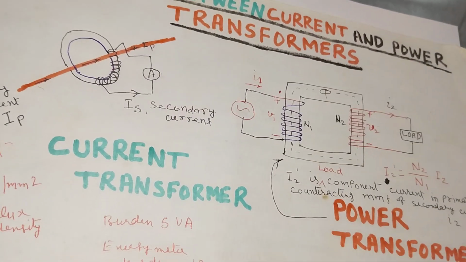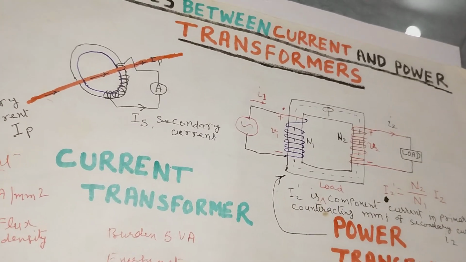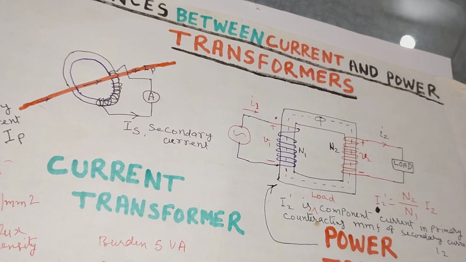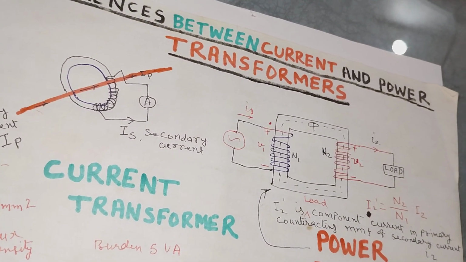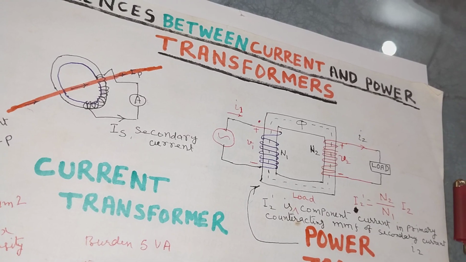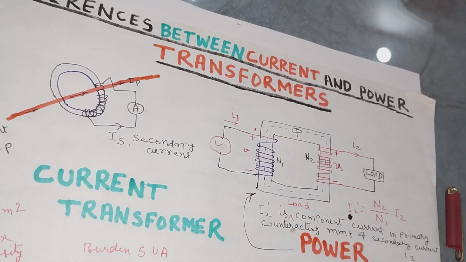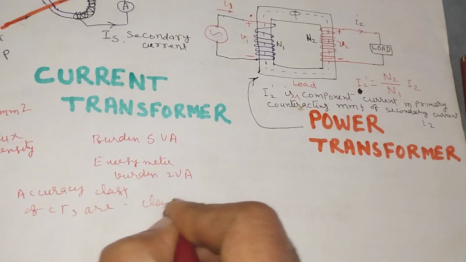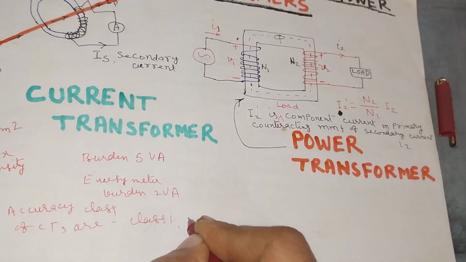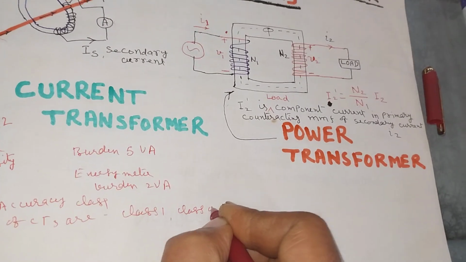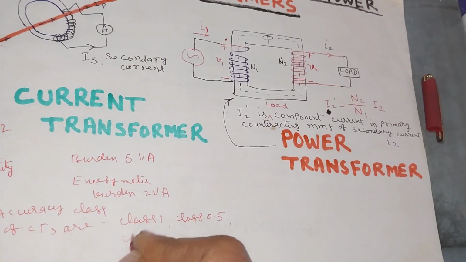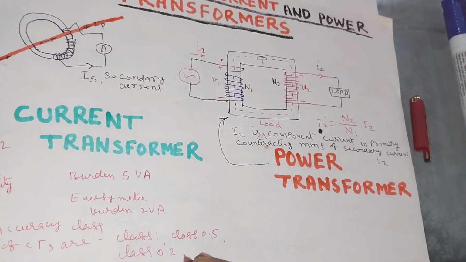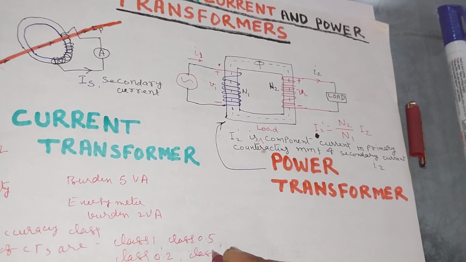Also, accuracy of energy meters is basically the accuracy of CTs. Accuracy classes of CTs are class 1, class 0.5, class 2, 0.2 or class 0.1.